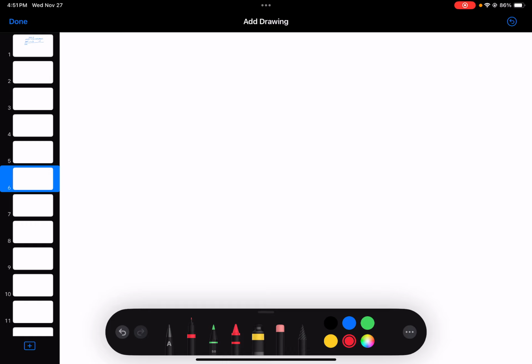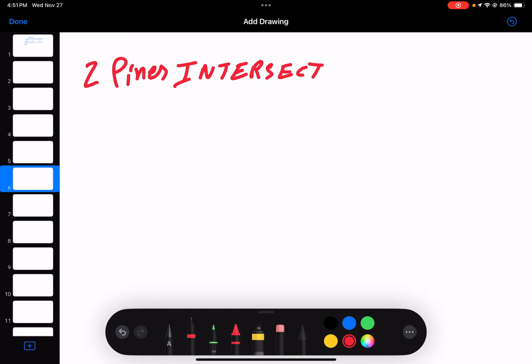All right. So two lines intersect at, what do you think? A point.